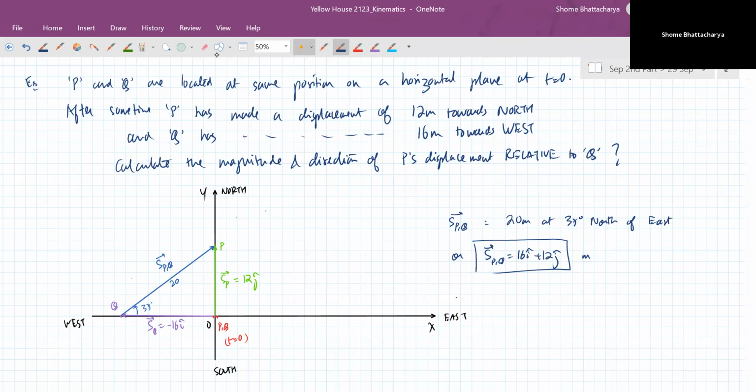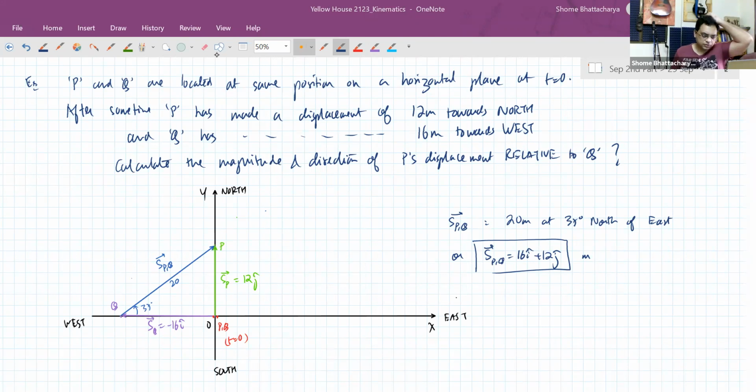Okay, so hoping this particular example is clear to all of you. Now, naturally, we move on from displacement to the concept of velocity, like we had done in kinematics earlier. Now, the only difference is we'll be talking about relative velocity.